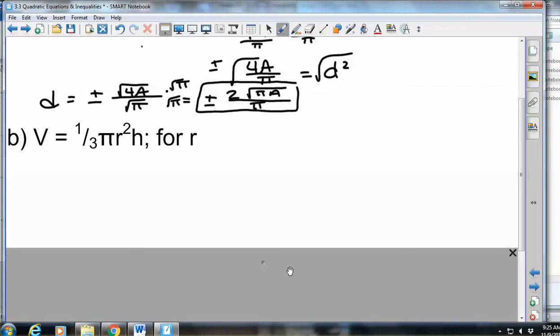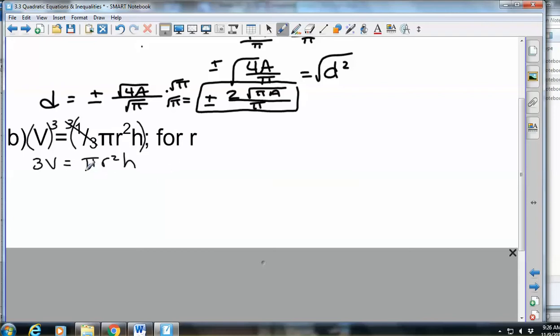If I wanted to get rid of the 1/3 in front, what could you do? So let's just take each side times 3. Those drop, so I get 3b equals pi r squared h.